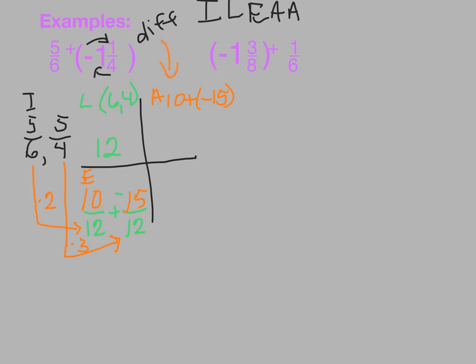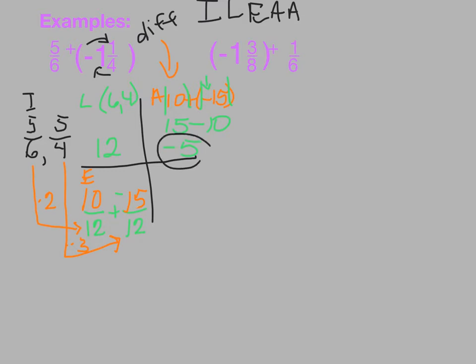So I've got my absolute values of 10 and 15. I know that negative 15 is going to have a larger absolute value, so I'll put that one first. 15 minus 10 gives me 5. I take the sign of the larger absolute value, which is right there, negative 5.